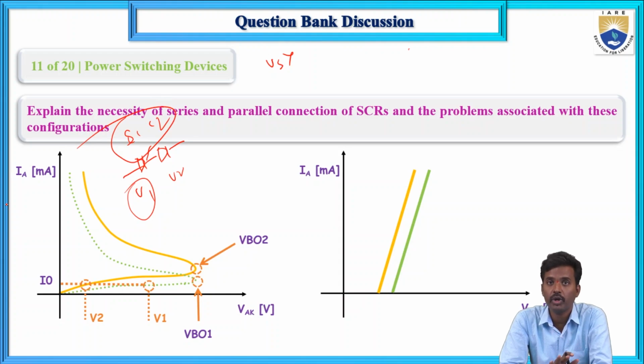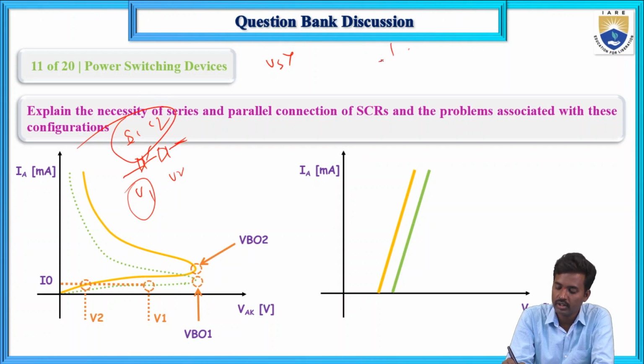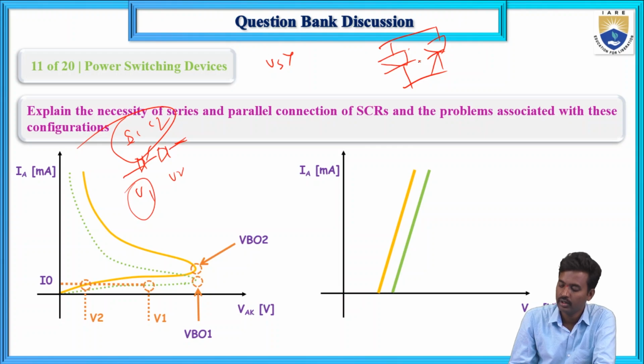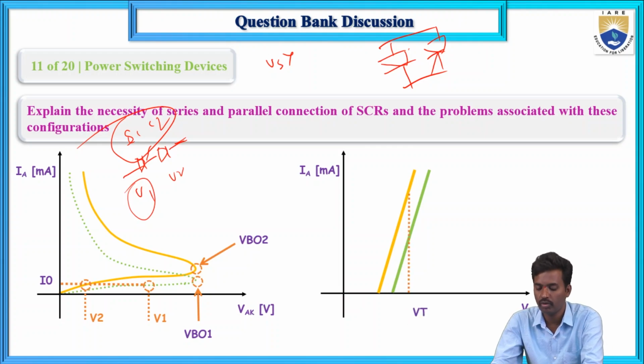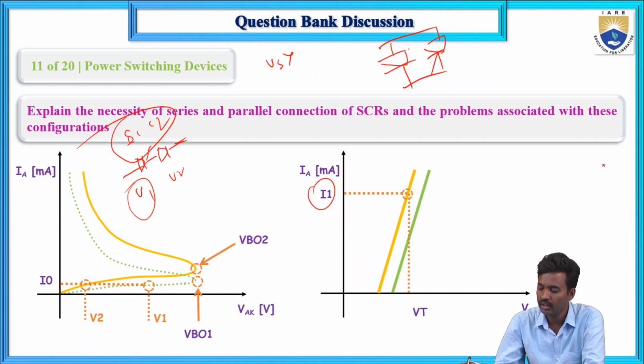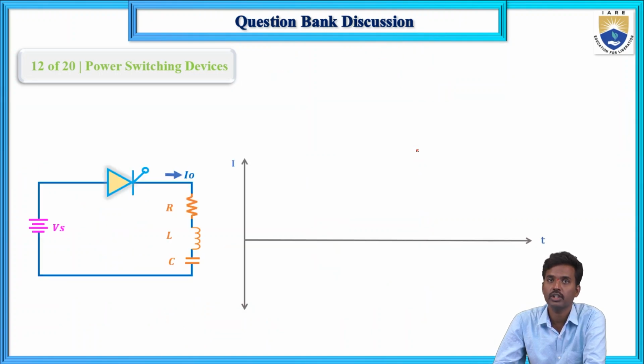That is the main problem in series SCRs. In the same way, when SCRs are connected in parallel, what is the main drawback? For the same voltage there are two currents, I1 and I2. I1 is greater than I2, so there is unequal current distribution. These are the main drawbacks for series and parallel connection.